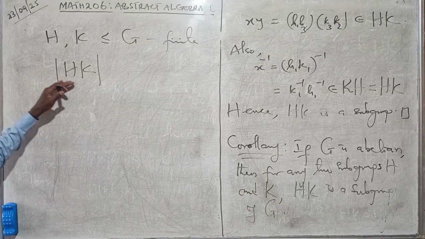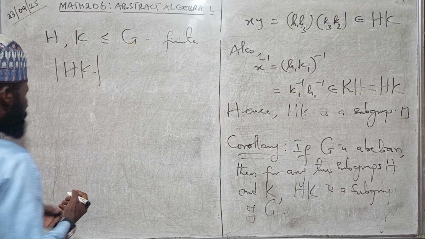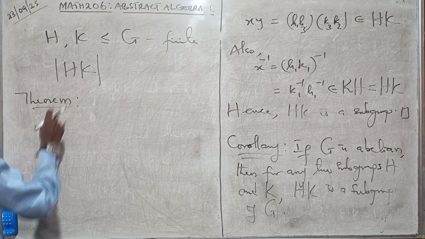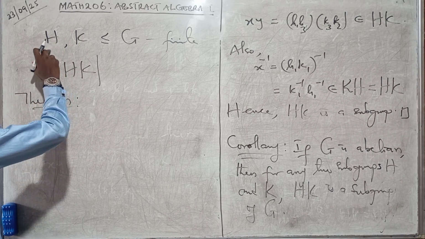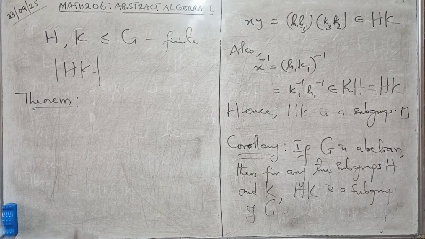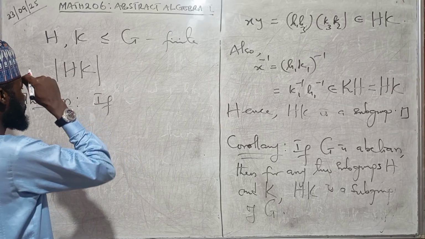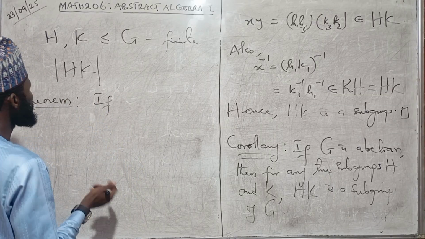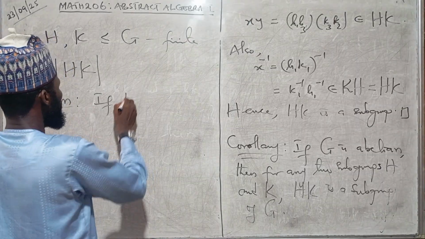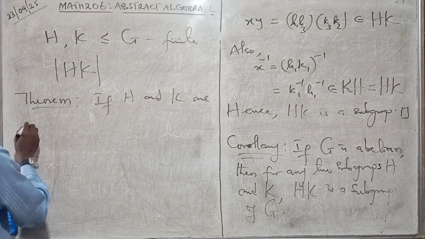So if G is finite, what will be the order? It's already a theorem that this order can be calculated from the order of H, the order of K, and also the order of the intersection.